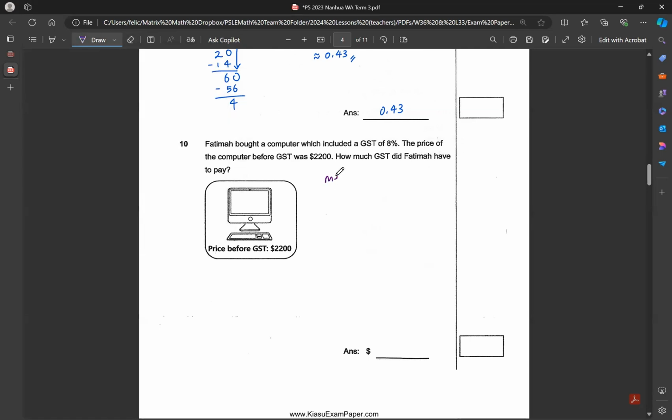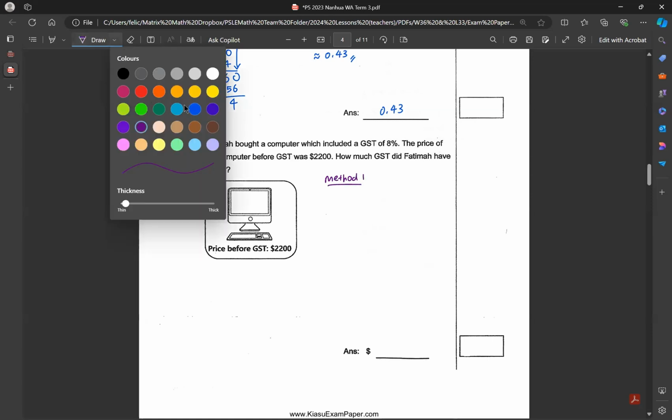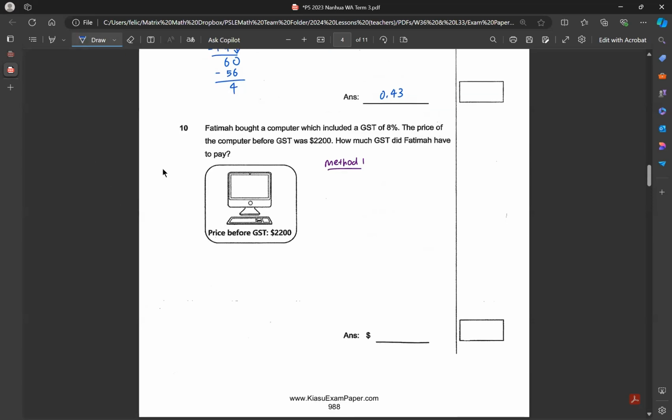Method 1 is my favorite because it's more efficient, it's faster, which is the multiplication way. So I just need to simply calculate the GST, which is 8% of the 2,200. GST is 8% of 2,200 means you can straight away find the cost of GST by using 8 over 100 times your $2,200.